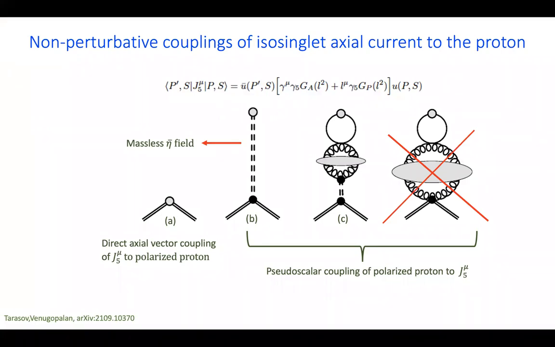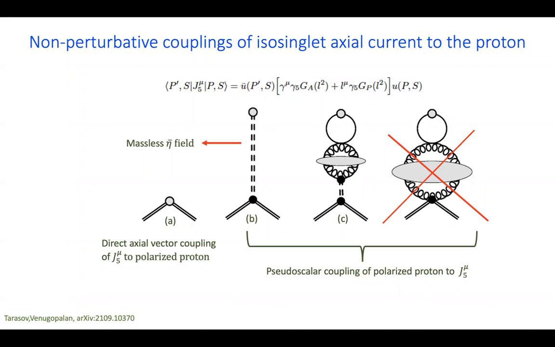So what I meant to say, coming back to the spin of the proton, is that you can write down the spin in terms of an axial vector form factor and a pseudoscalar form factor. These are the Dirac spinors. The axial vector form factor is just a direct coupling of the polarized proton to these virtual photons. So that's this blue blob here. This is a direct coupling.